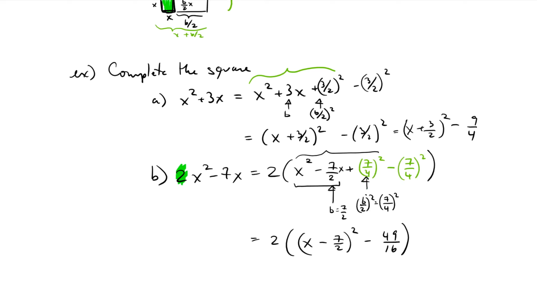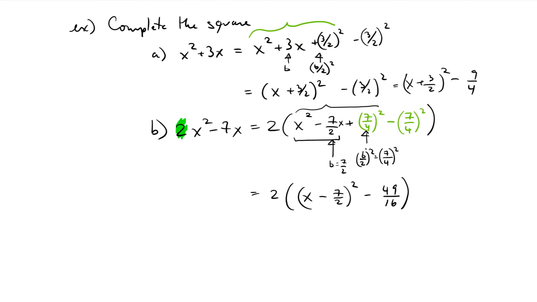Okay. We could leave it like that, or we could distribute the 2 just to finish it up. We get 49 over 16, and we multiply that by 2, we get 49 over 8.